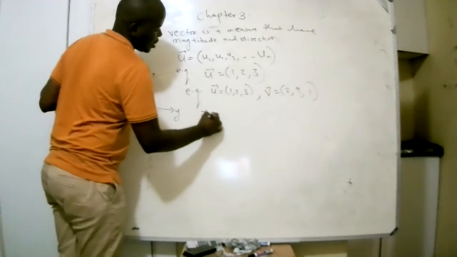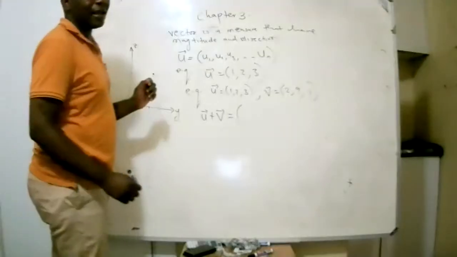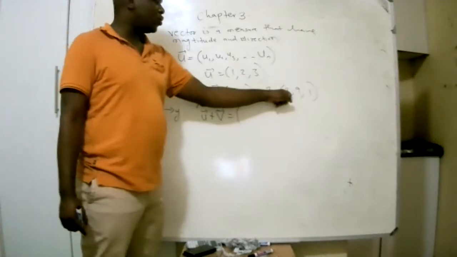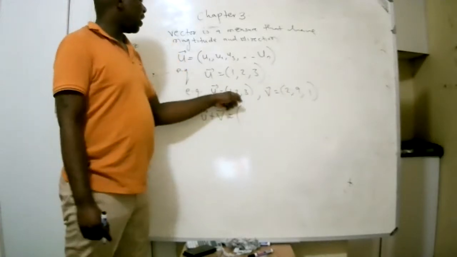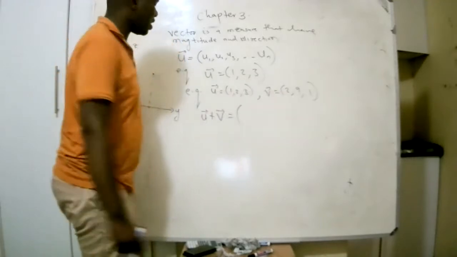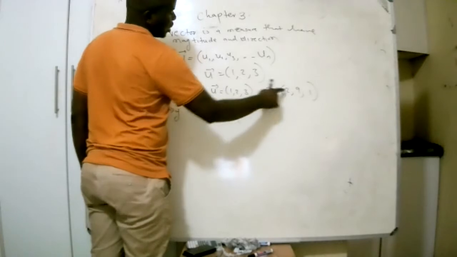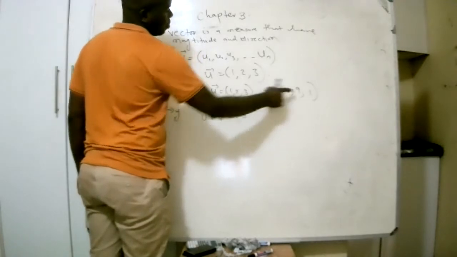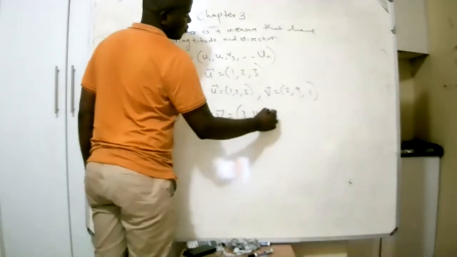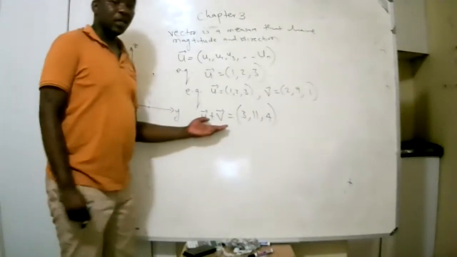The addition of vector U and vector V, we just add them component-wise. The first component we add to the first component, the second component to the second component, and the third component to the third component. That is 1 plus 2, which is 3, and 2 plus 9, which is 11, and 3 plus 1, which is 4. So that is how we add the vectors.